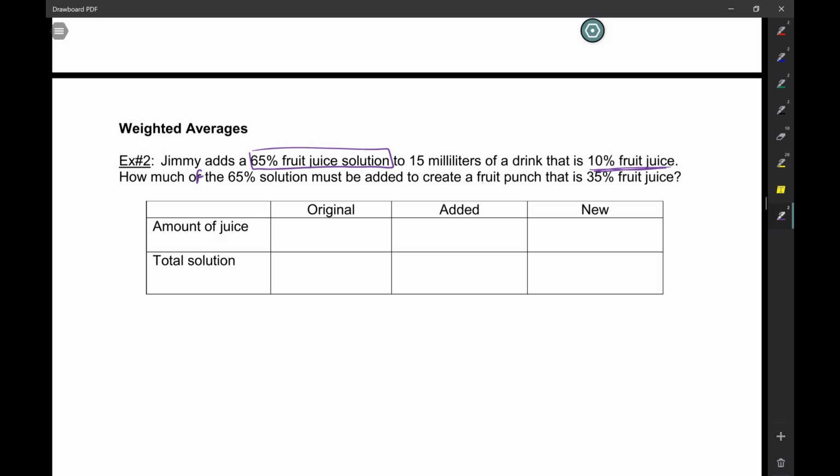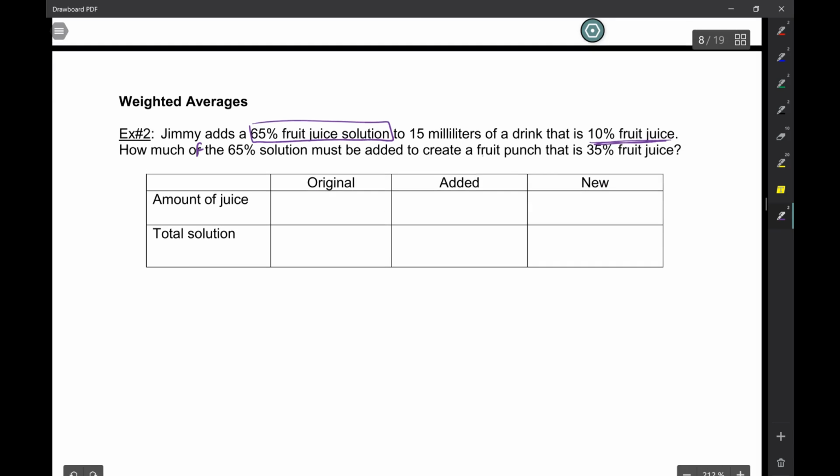Okay, so he's got 15 milliliters of a drink, and it's 10% fruit juice.